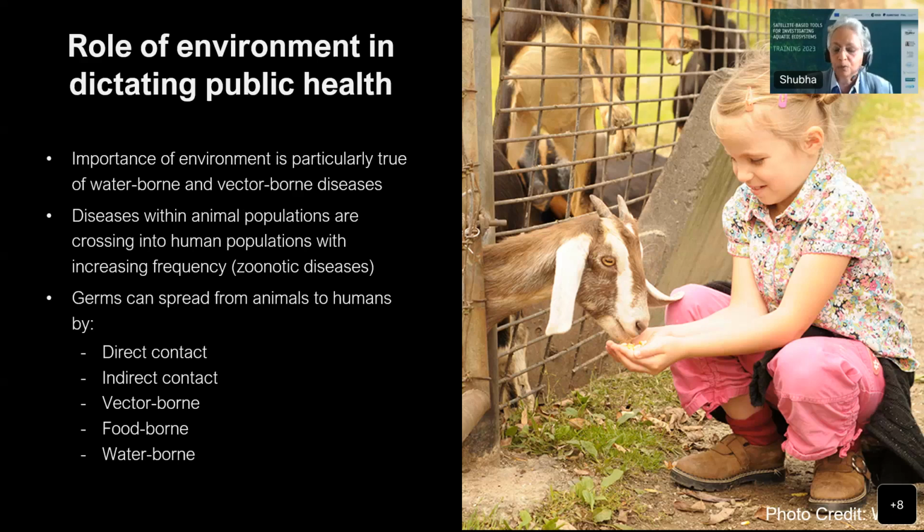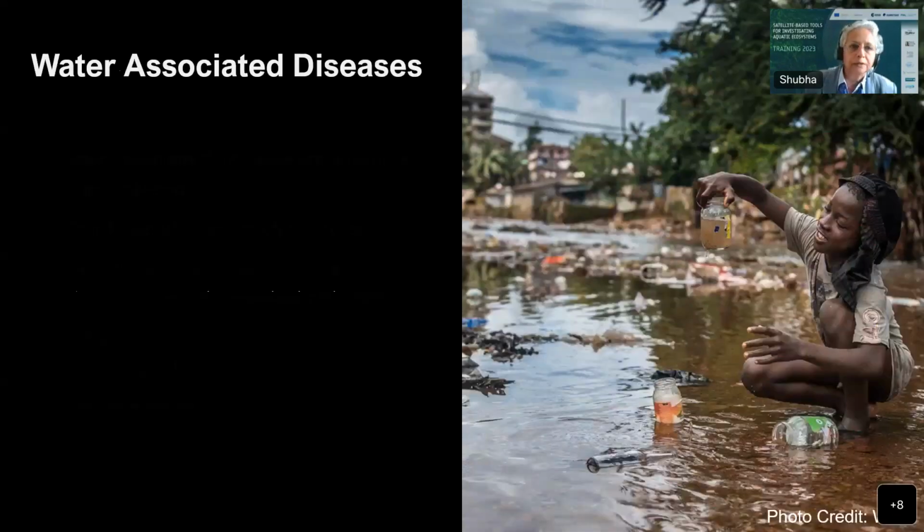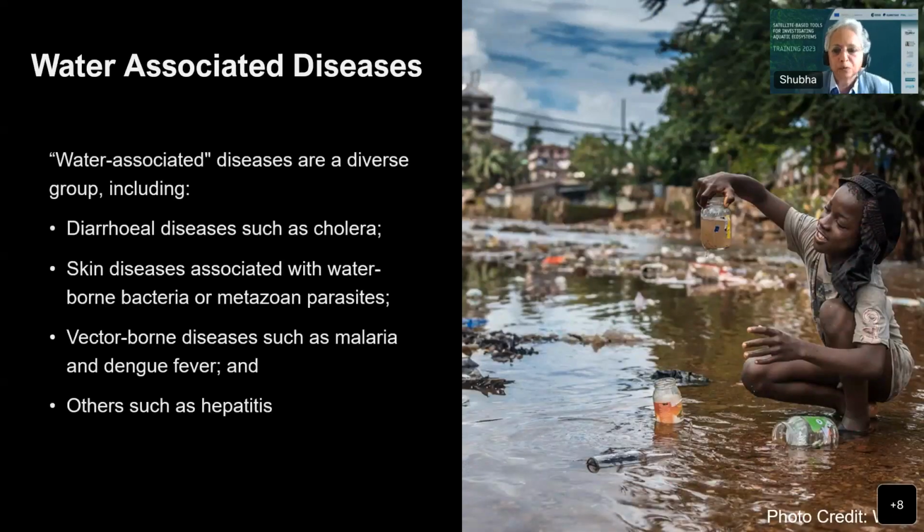or waterborne diseases. And if we look at the waterborne or water-associated diseases, they are a diverse group, and they include those that are diarrheal in nature, such as cholera. There are pathogens that cause skin diseases.